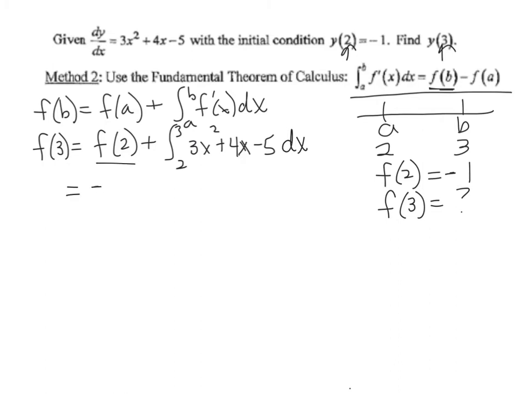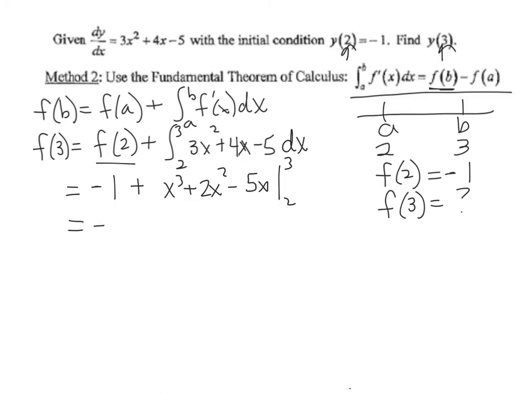So that is negative 1 plus, and then once again we find the integral, so that's going to be x to the third from the last page plus 2x squared minus 5x from 2 to 3.